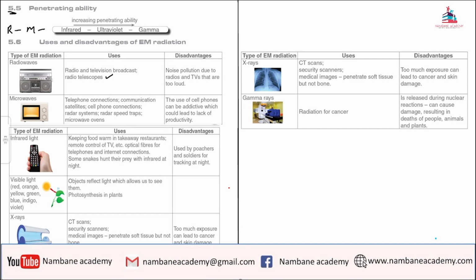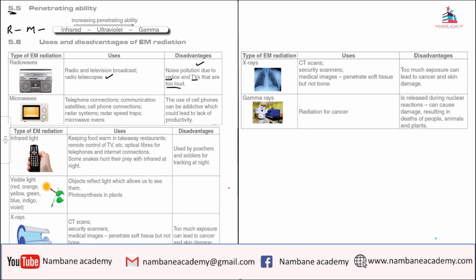However, there's a disadvantage in everything that we do. There's noise pollution due to radios and TVs that are too loud. If people misuse the radio waves by playing TV and radio too loud, that influences noise pollution, and that becomes a disadvantage.